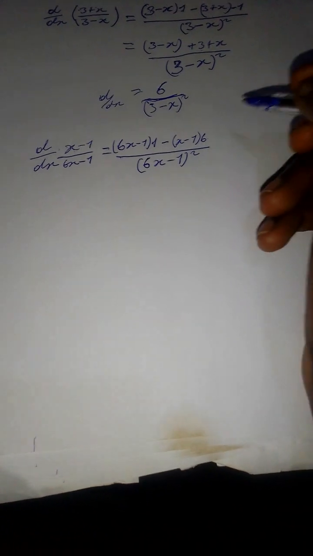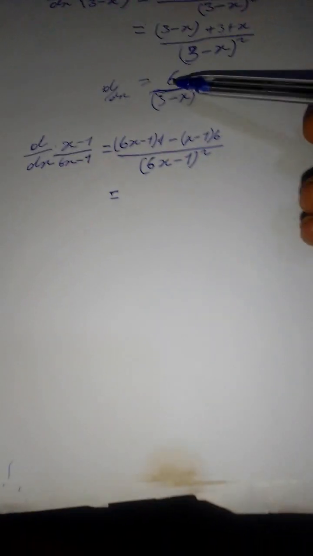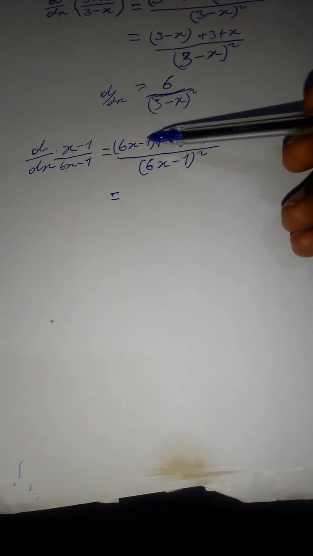And now we have to divide all through by what? The square of the denominator, which is 6x minus 1, all that squared. Now we have to tidy this up by expanding the brackets we have here. So this will be equal to 1 times 6x, which gives us 6x, and 1 times negative 1 is still negative 1.